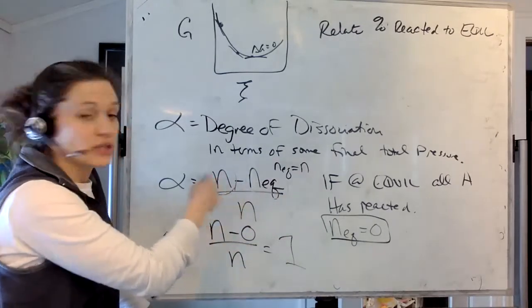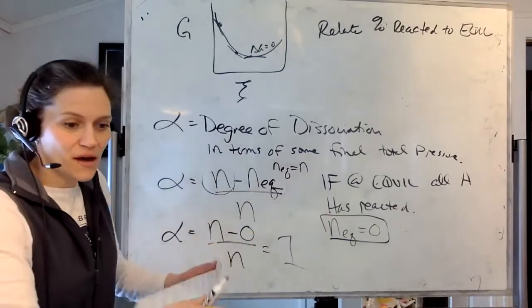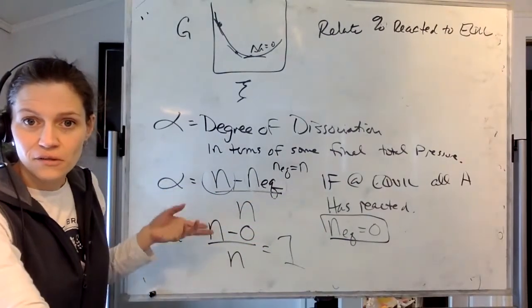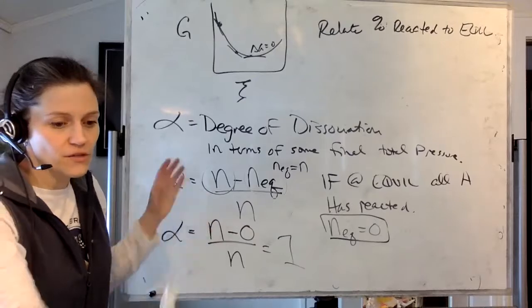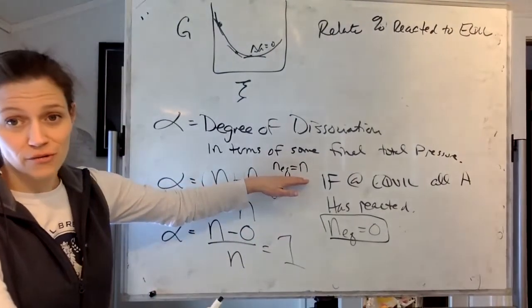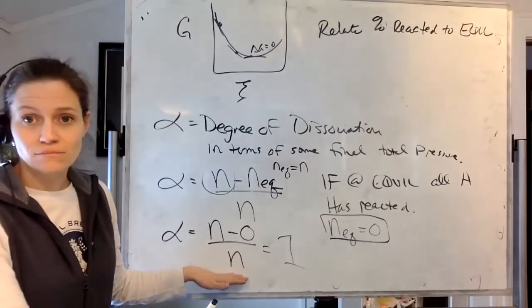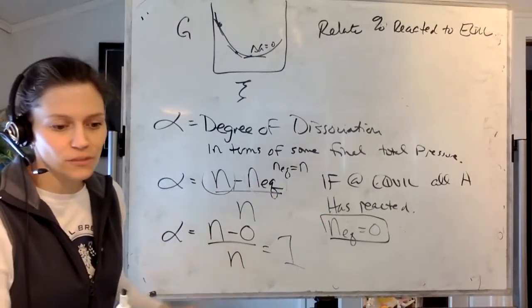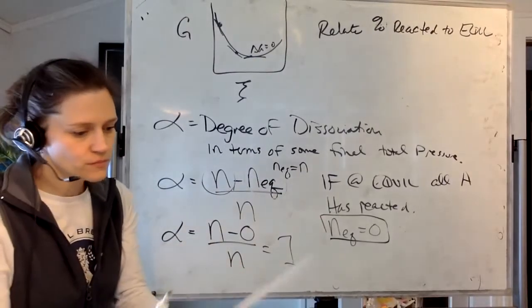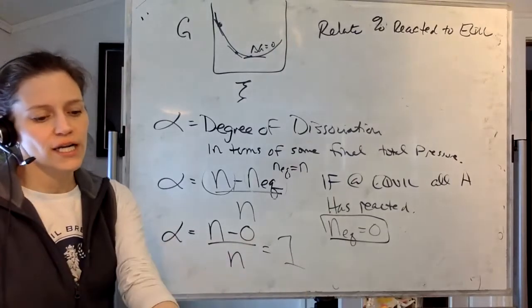This is essentially 0, which means that we are nowhere near the extent of dissociation. Okay, so the two extremes. Nothing has dissociated whatsoever, there is no equilibrium condition that we can reach, and we have completely gotten to our equilibrium condition.